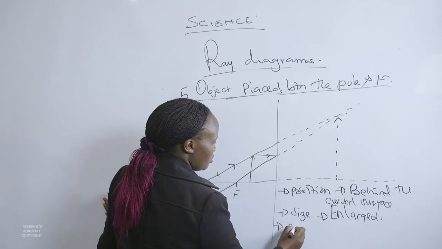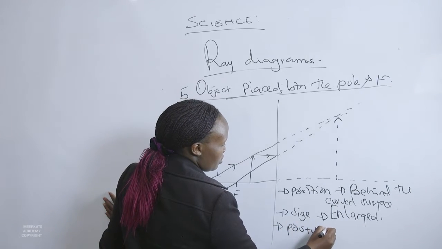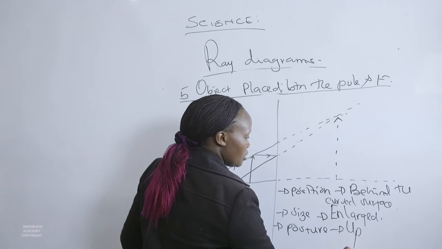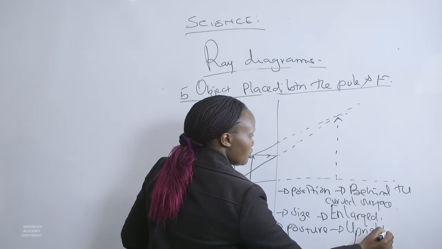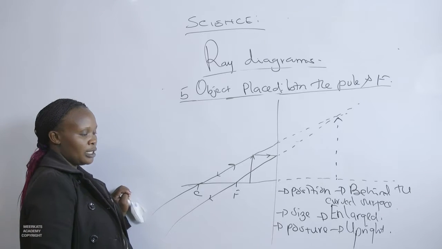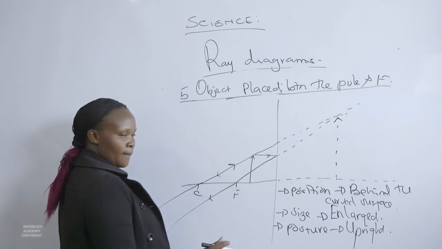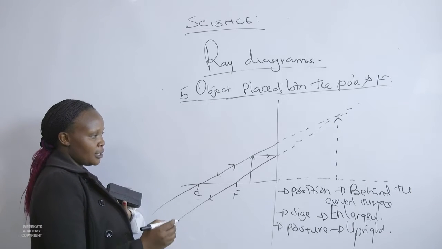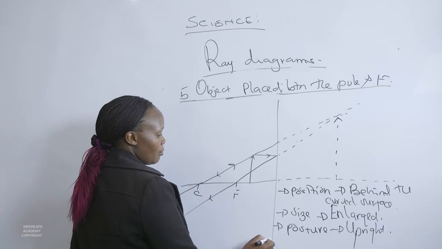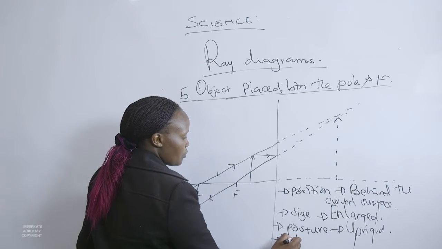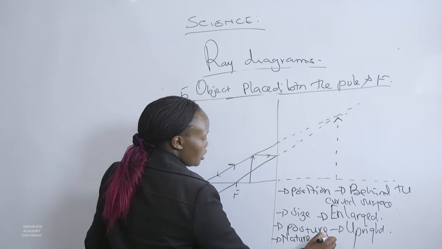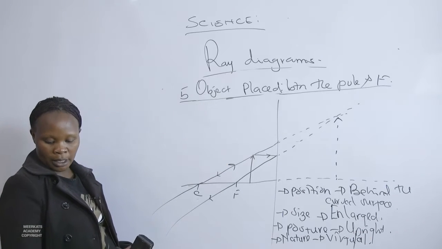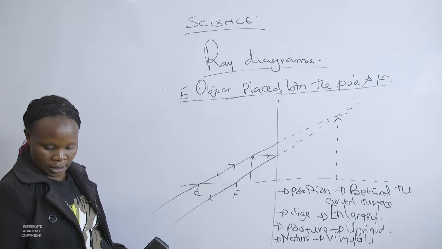Posture is that it's actually upright. It's upright, enlarged, behind the curved surface. And number 4 is the nature, where we can say that our image is virtual.